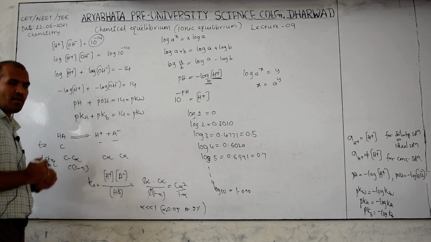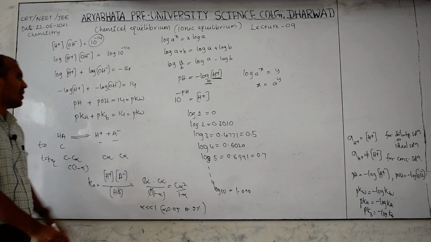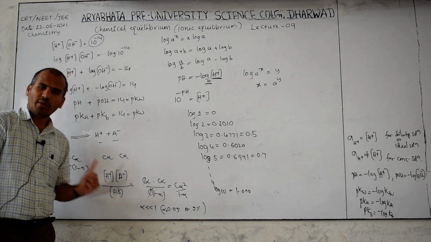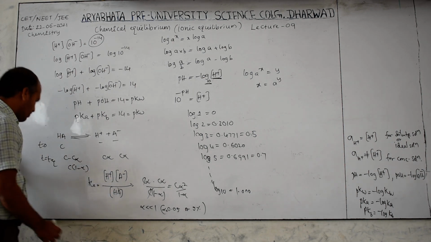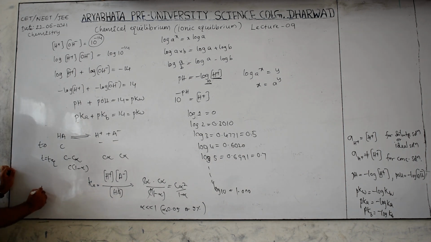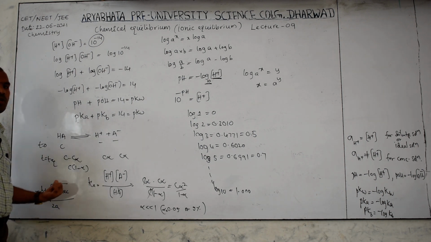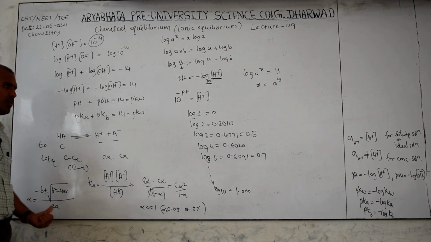Less than or equal to this value only we neglect it; otherwise, don't neglect the alpha value. When alpha is not neglected, you have to follow the quadratic equation: alpha is equal to minus b plus or minus root of b square minus 4ac by 2a, and calculate the alpha value.